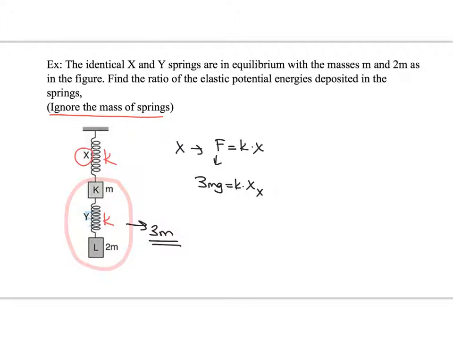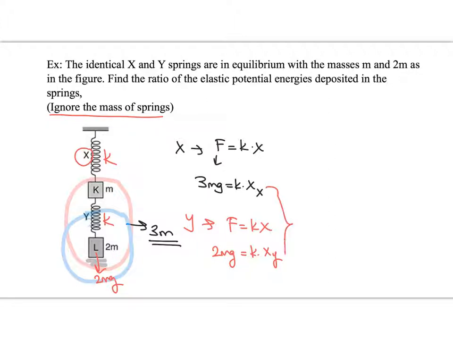Let's look at Y. Y is pulled only by the mass 2m. So for Y, again from F is equal to Kx, the only force is the weight of L, which is 2mg, equal to K times the amount of stretch of Y. So when you compare the amounts of stretch, X has a stretch of 3 and Y has 2.